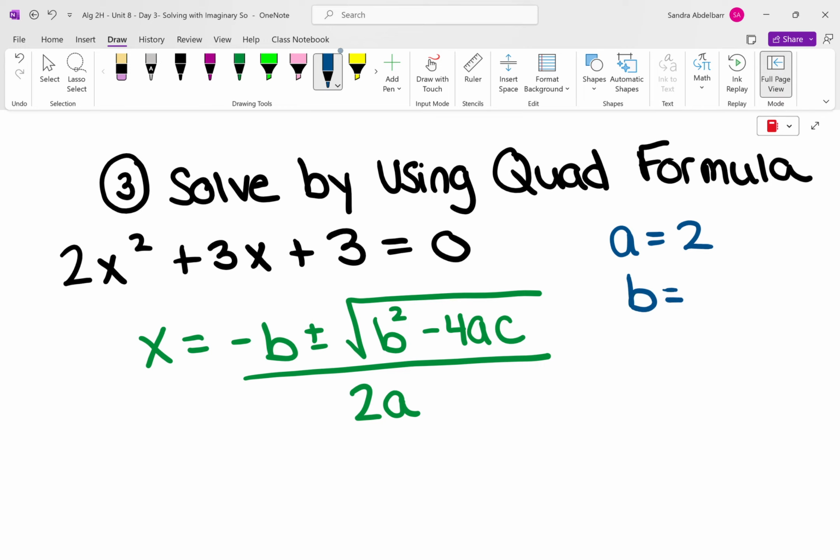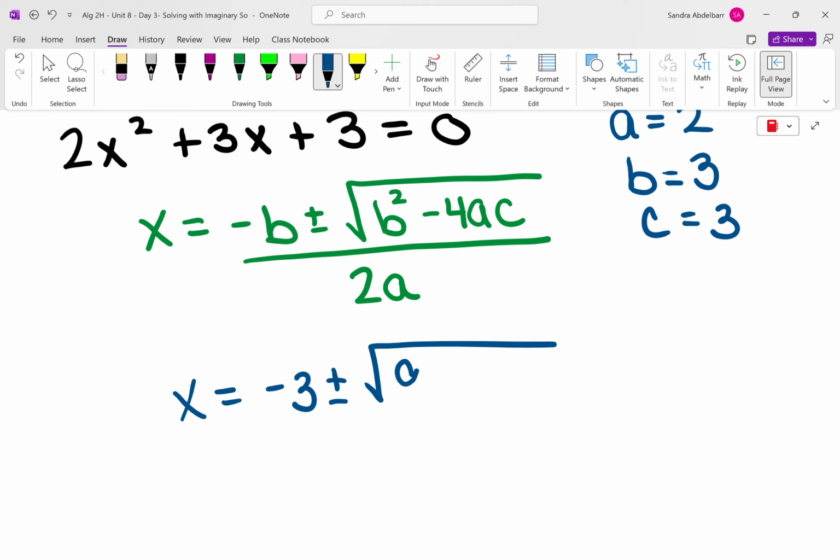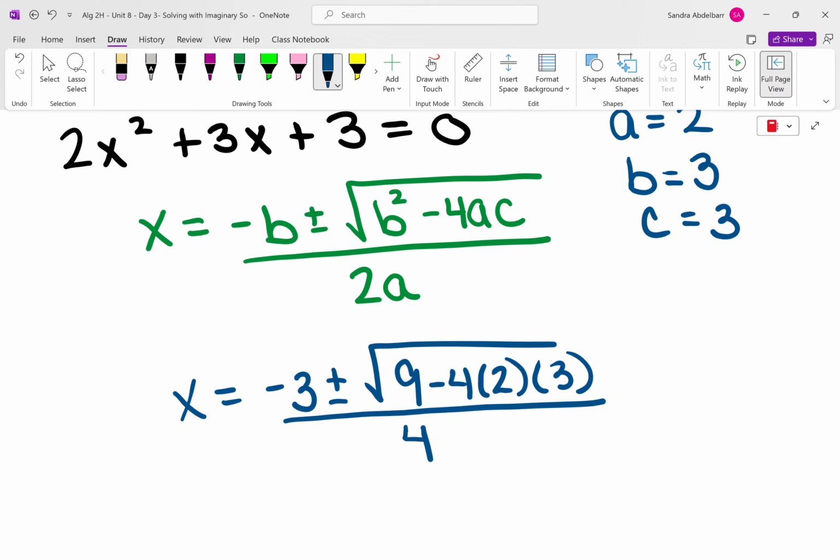What is b? 3. And c is also 3. So when we come to plug into the formula, we are going to have x is equal to negative 3 plus or minus the root of 9 minus 4 times 2 times 3 all over 4.